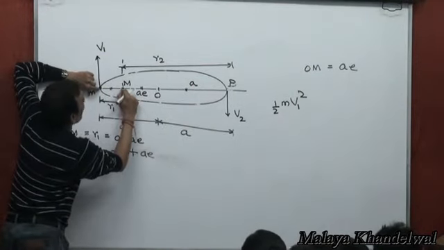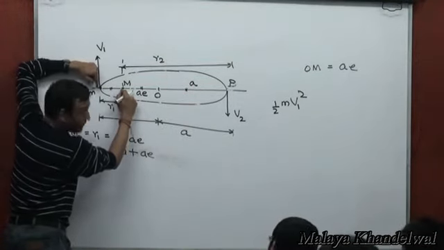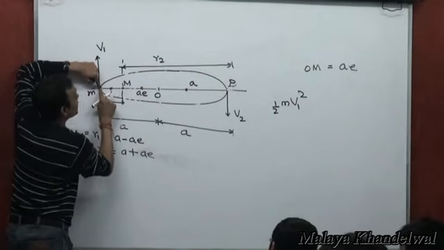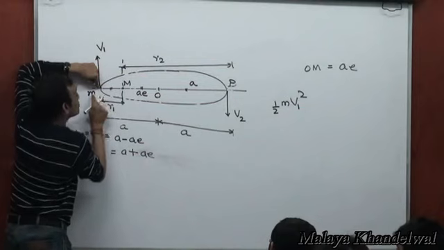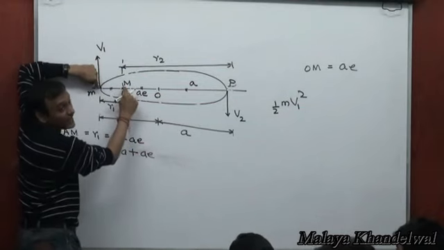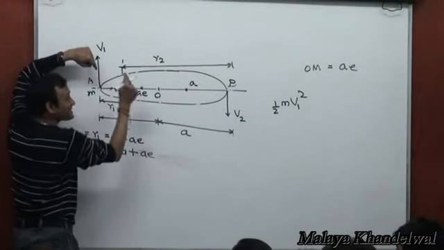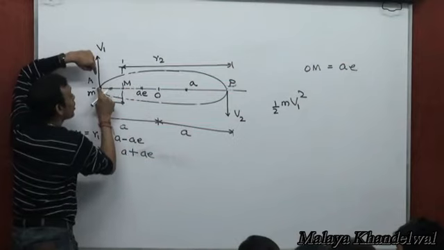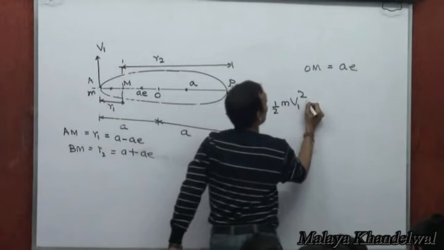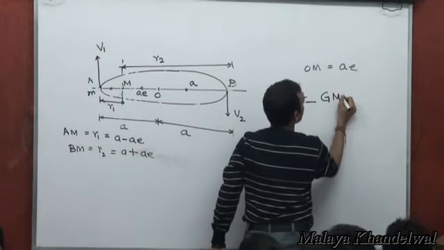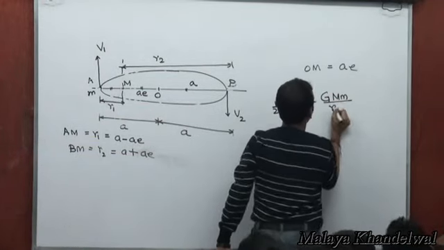And it's at a distance R1 from capital M. So its potential energy at this point is going to be minus G capital M small m by R1. That's the potential energy at A.